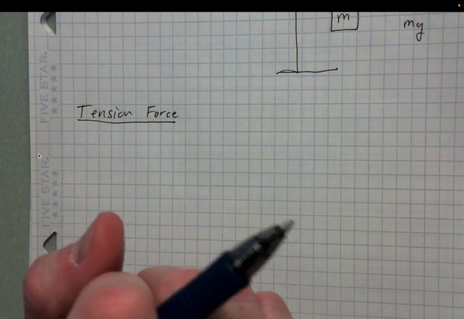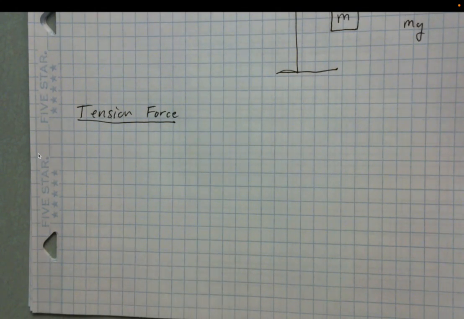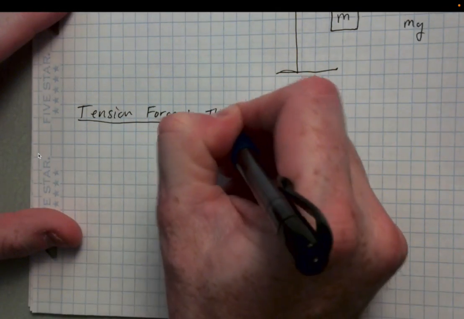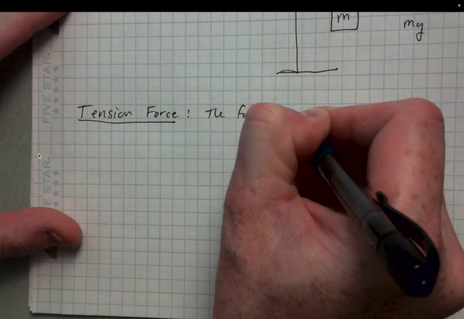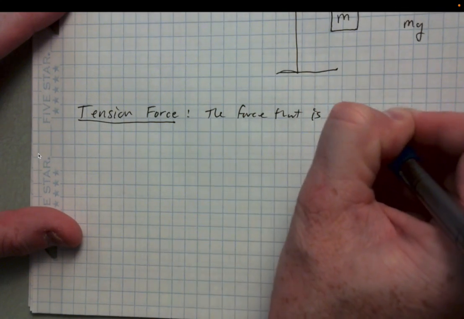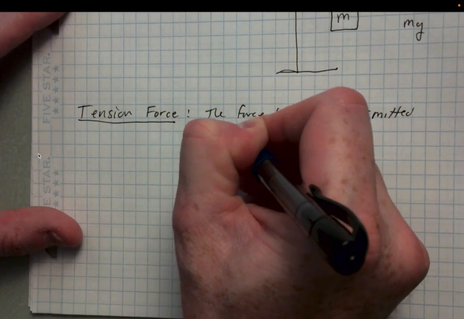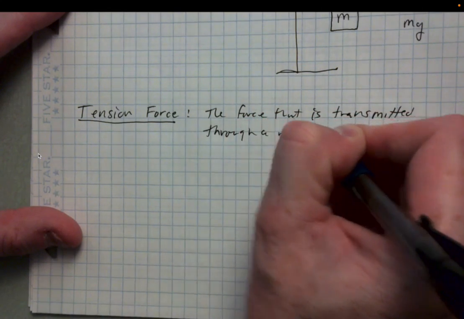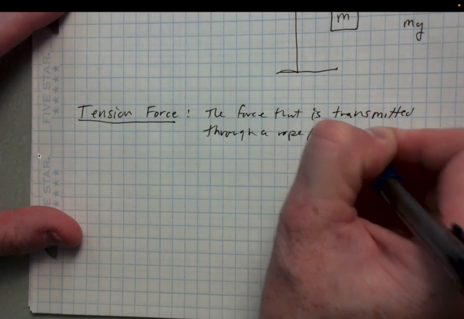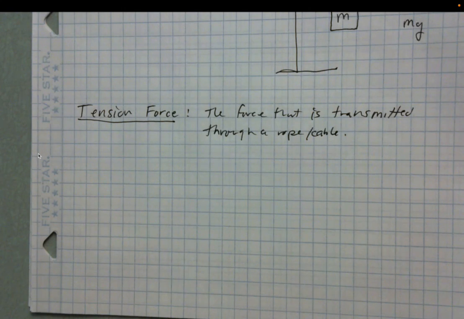This is the force that is transmitted through a rope or a cable or a string. If you put the string under tension, there's going to be some kind of force in the rope.